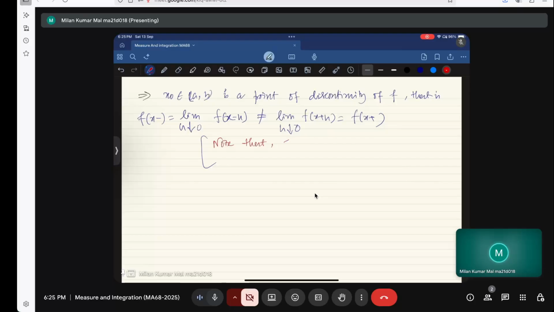Note that f is continuous at x naught if f of x naught plus is equal to f of x naught minus.